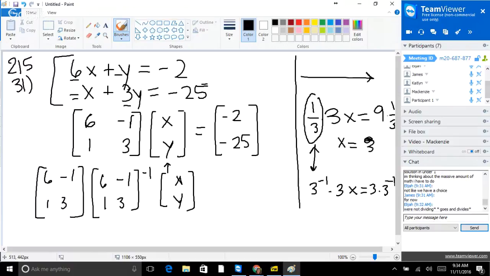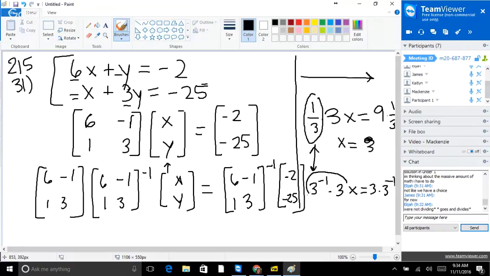And if we multiply one side by the inverse, then guess what? We have to multiply the other side by the inverse. So 6, -1, 1, 3, the inverse times -2, -25. When you multiply a number by its inverse, you end up with 1, right?